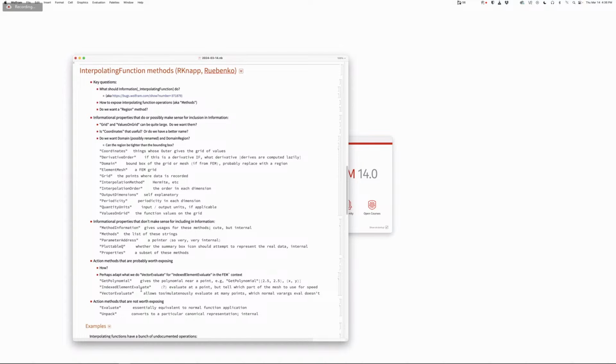Right. And so, where we left the discussion last time is to sort these into things that make sense in Information and things that don't. And then we can focus the discussion on the things that we would like, but don't necessarily make sense in Information.